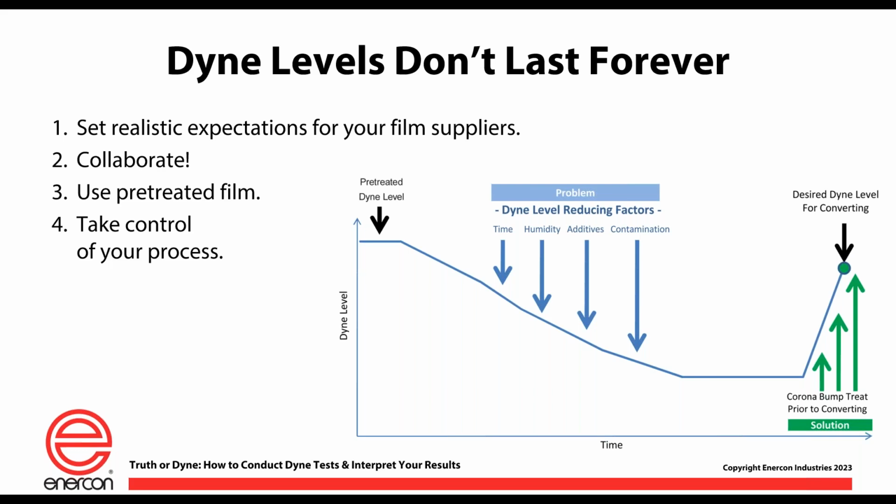So really the takeaway here, if you're a converter, is you use pre-treated film, take control of your process, meaning buy quality film that's consistent from your supplier, bump treat it before you convert it, and you'll be good. You can really, again, tighten up your process and have more repeatable results.